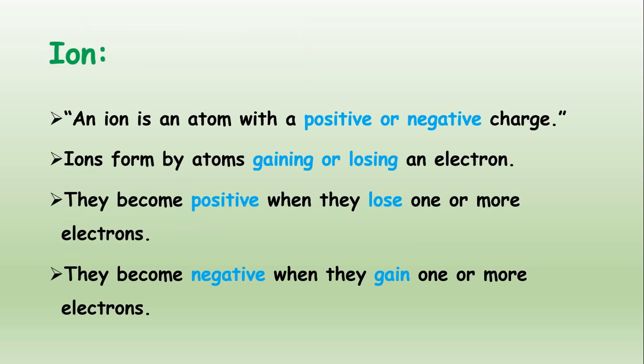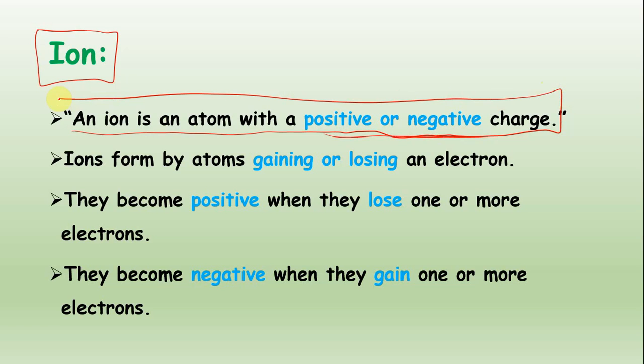Before we discuss the ionic bond, there are some key terms which we must know, then we will be able to understand the ionic bond properly. What do you mean by ion? Ion is basically a charged particle. It may be positive or negative.